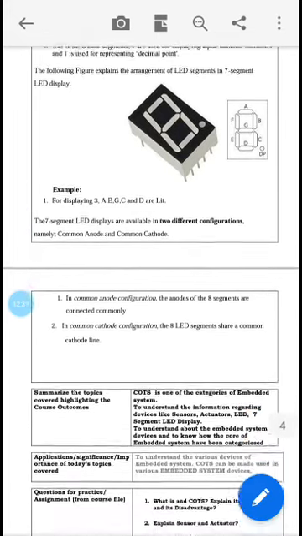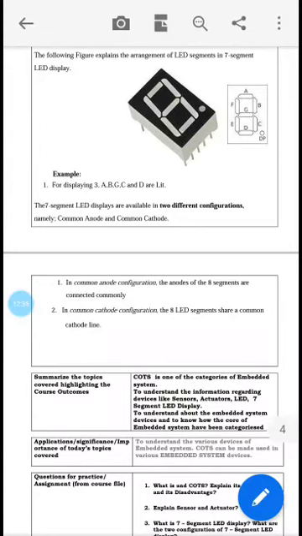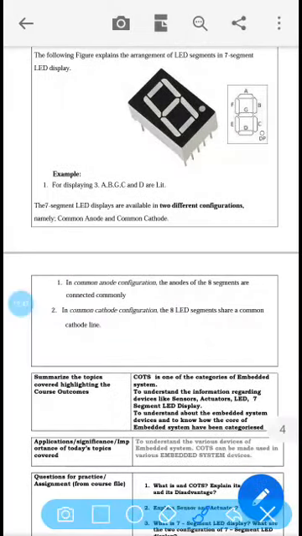To summarize the topics covered in this session, highlighting the course outcome: one of the topics we have covered is COTS. As you know, COTS is one of the categories of embedded system. Likewise, in this session we have tried to understand the devices like sensors, actuators, LED, and 7 segment LED display.